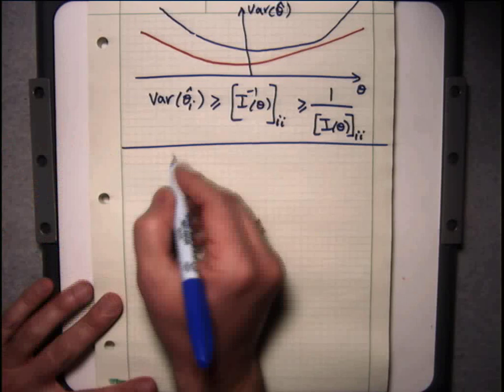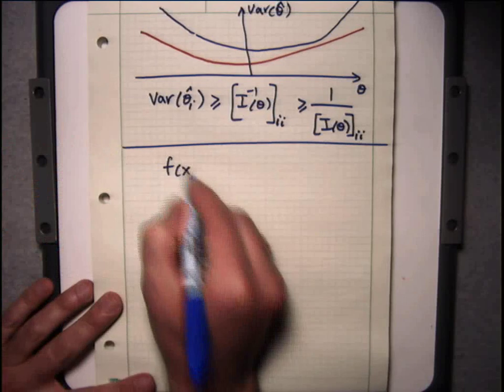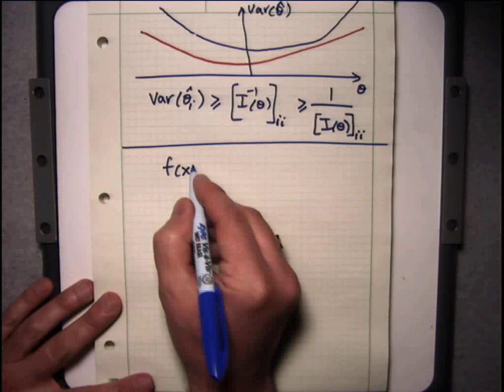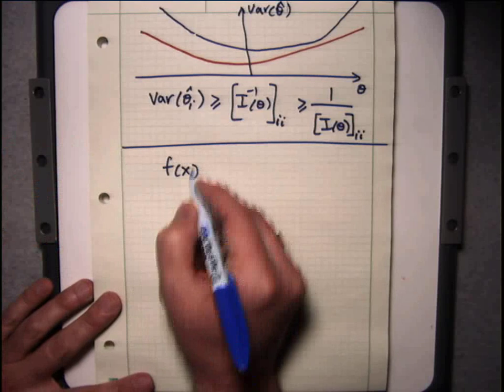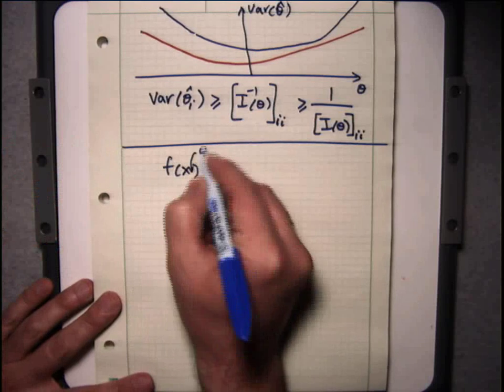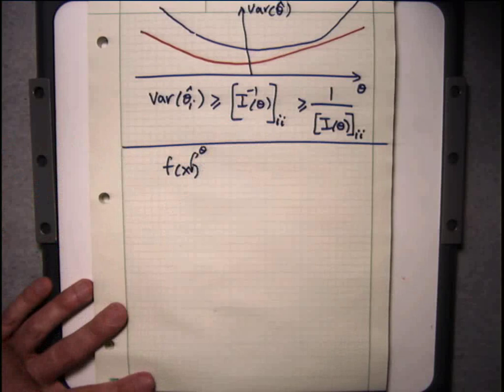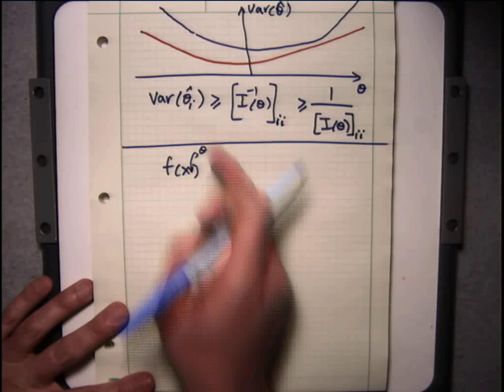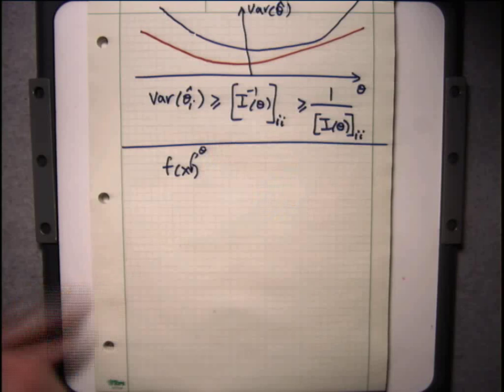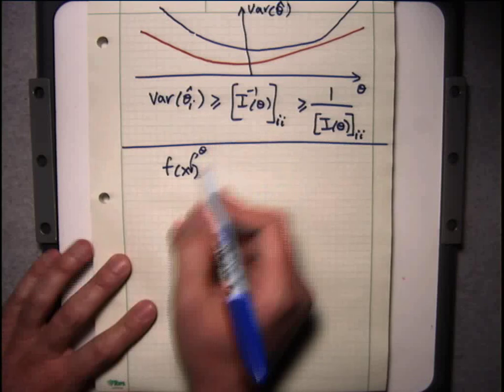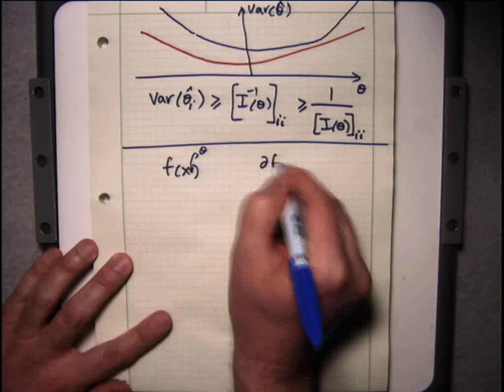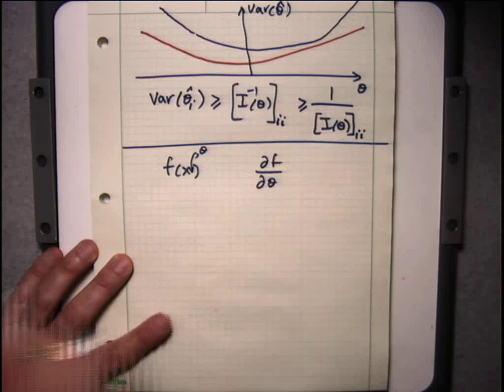Let's say you just have a function, f of x, and this function also depends on some theta, so let me put a theta in there as well. If you just have some function and it depends on theta and you want to see how much it changes as a function of theta, well, one way to do it is you just take the derivative of f with respect to theta, right?